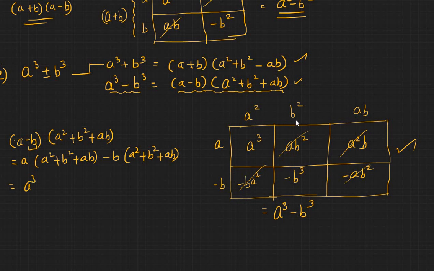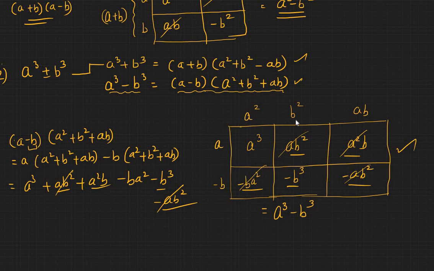That would be a cube plus ab squared, this and this are same terms, a squared b, this and this are same terms, then minus b into a squared, minus b into b squared would be minus b cube, again same, minus b into plus ab would be minus ab squared, which is the same term. So here you would find that they cancel exactly as before, and you'll be left with a cube minus b cube.